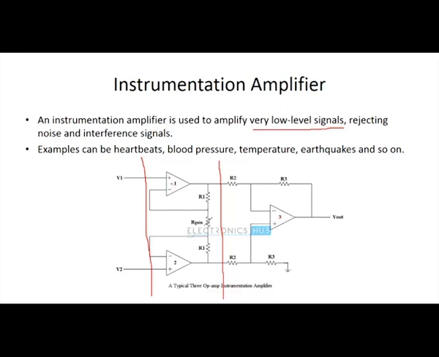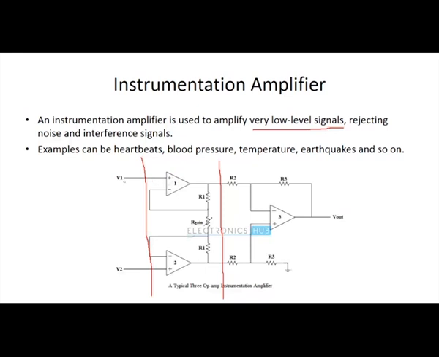So, we are using an amplifier circuit that is a non-inverting amplifier circuit. Since we have given the signals to the positive terminal, these operational amplifiers A1 and A2 are non-inverting amplifiers, or you can say a buffer. The non-inverting amplifier has a very high input impedance compared with the inverting amplifier.